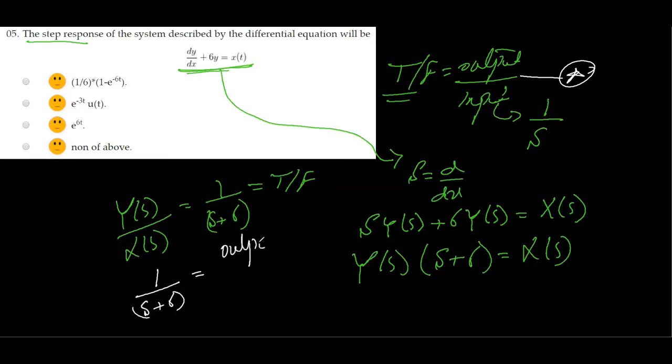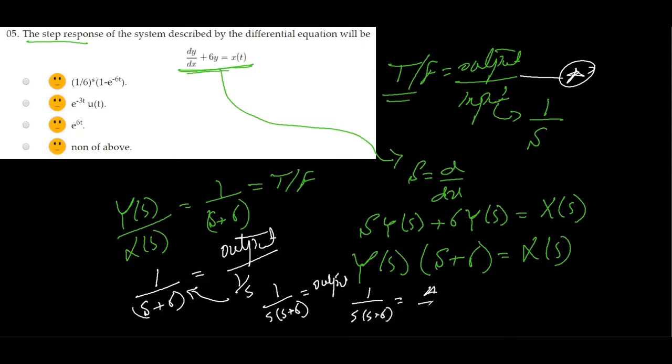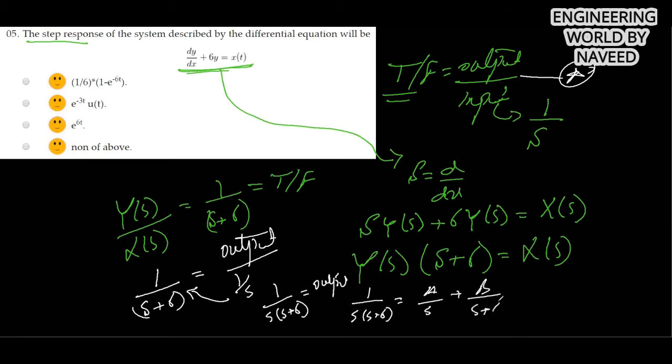So we will get 1 divided by S plus 6 equal to output divided by input, which is 1 divided by S. If I bring 1 by S over to the left side, it becomes 1 divided by S into (S plus 6), that's equal to the output. By partial fractions, 1 divided by S into (S plus 6) equals A divided by S plus B divided by S plus 6.